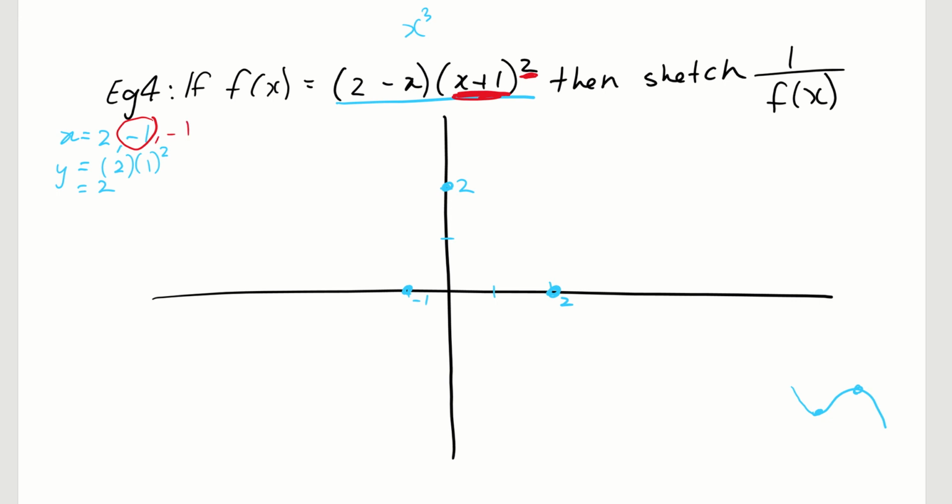What that means is your curve bounces off that point. Again, in a few topics' time, we will go through that in more detail. But know that for now, when you have a repeated root with a power of 2, it bounces off that. So this graph must look something like this.